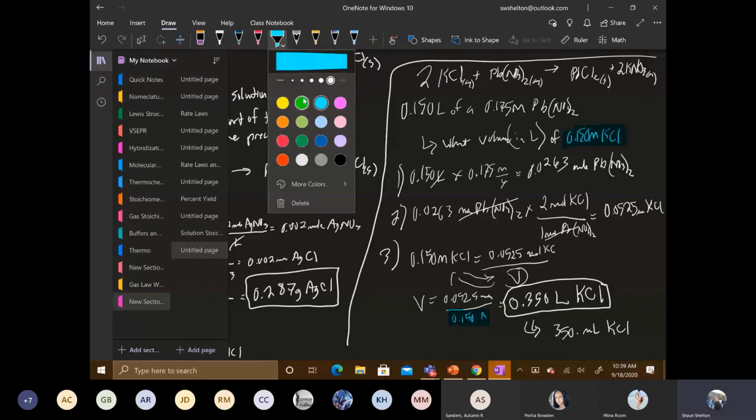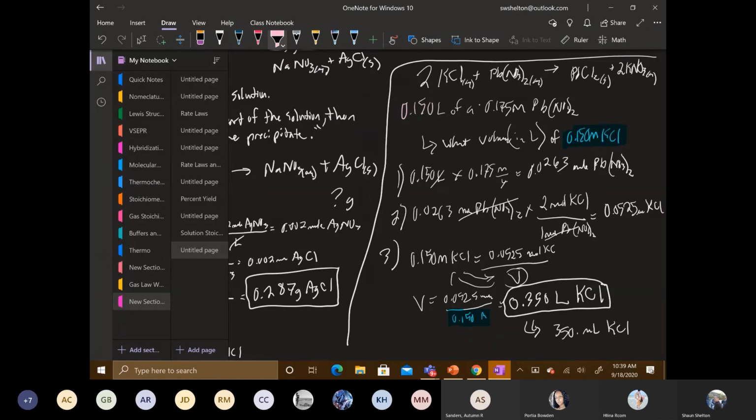And if we take this and this, we have that here. So we can see where the different pieces of information are going.